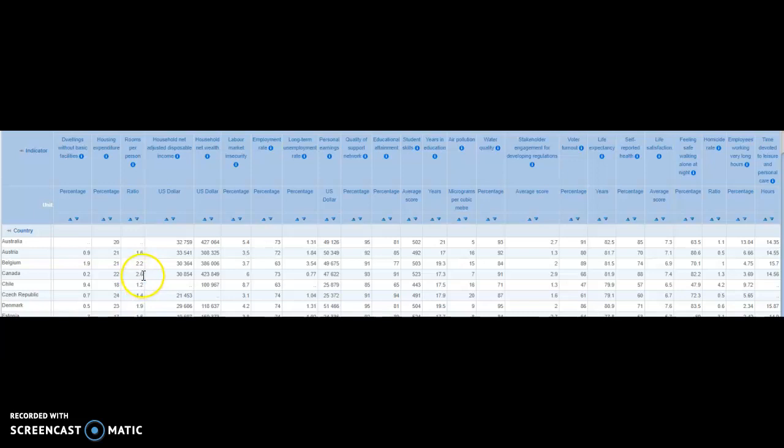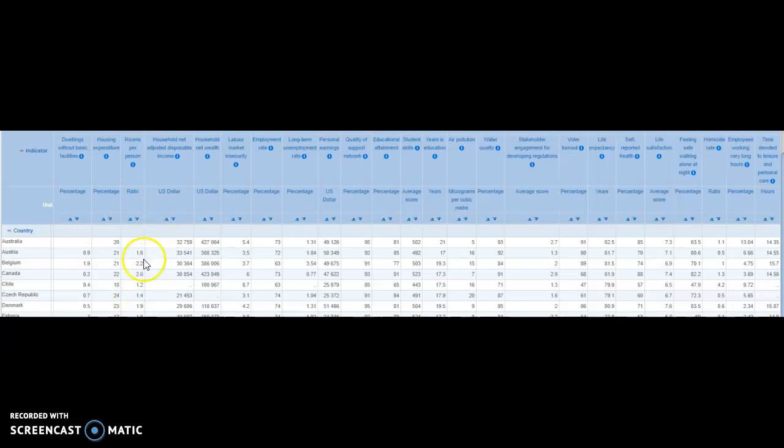Canada, for example, has 2.6. Now, these figures are given in different units, and as far as rooms per person is concerned, they're given as a ratio. So the ratio is 1.2 to 2.6 in this particular example.